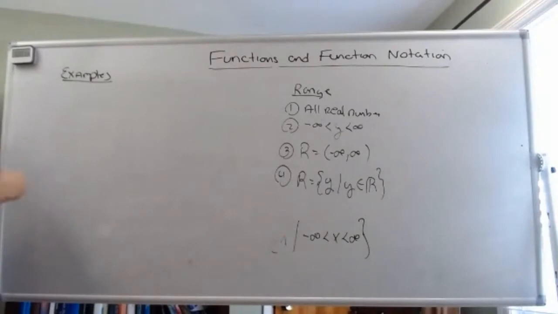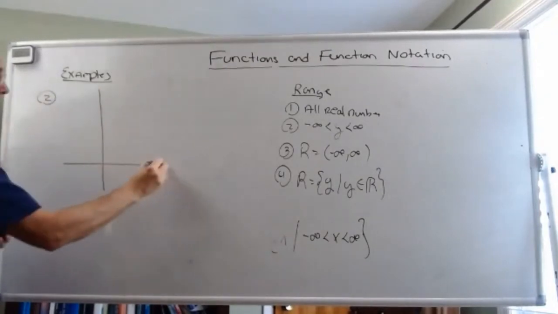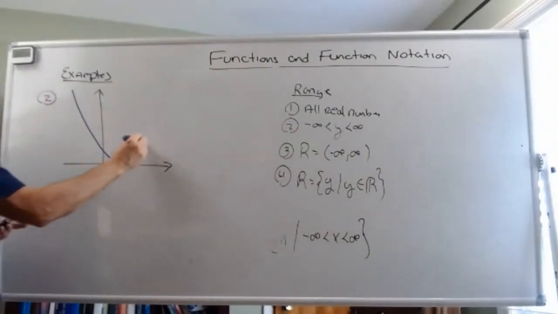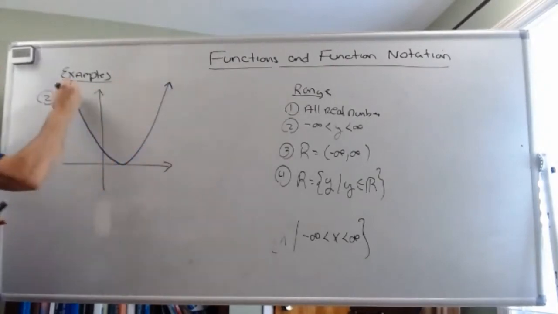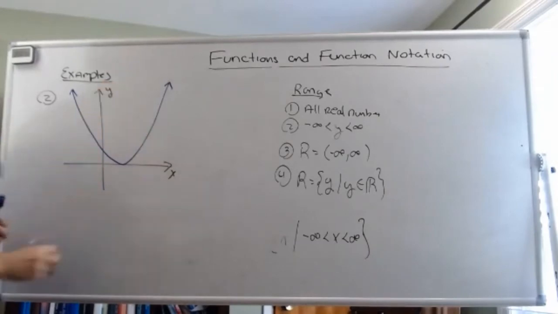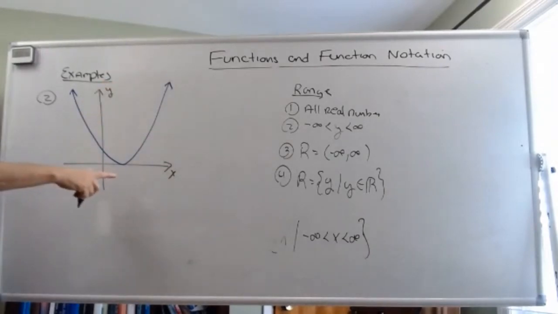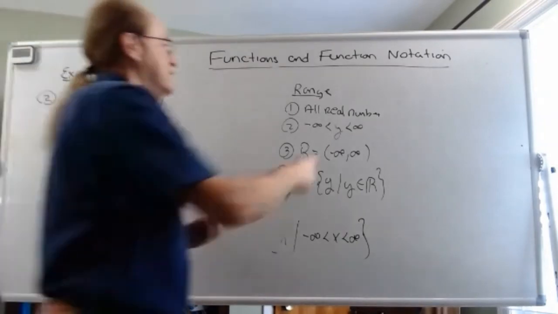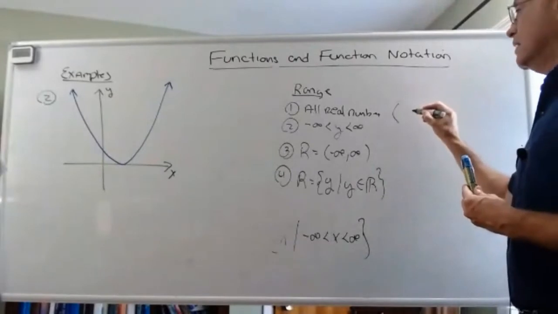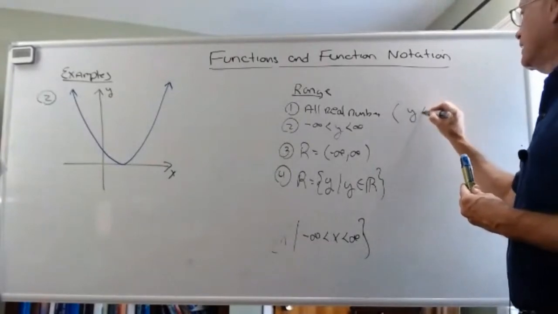Here's our second example. So there's my function right here. Now my domain over here, I can kind of write this over here if I wanted to. I could just say, y is a real number.